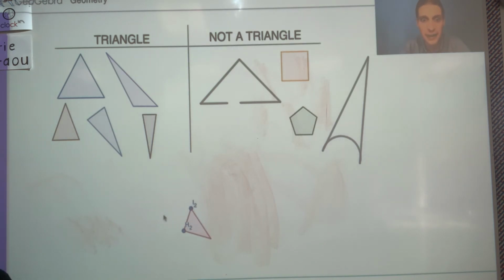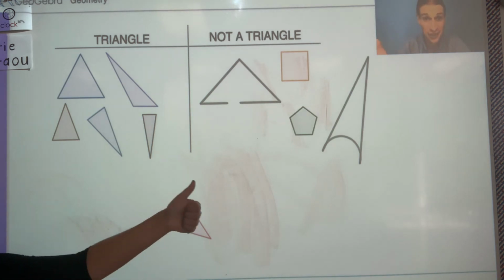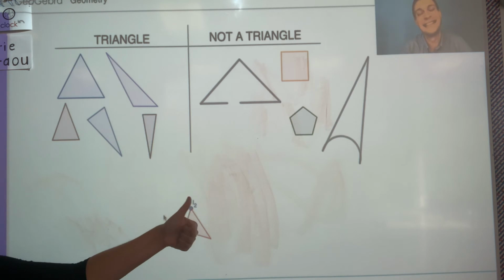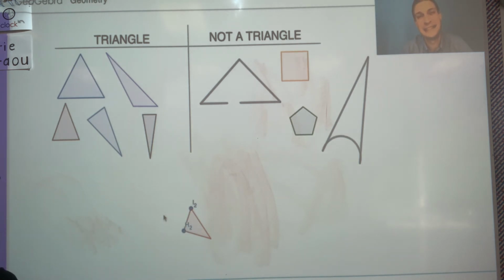I moved it. Is it still a triangle? Tell me, thumbs up or thumbs down? Yes, it is still a triangle. You just moved it. It has 3 sides. It has 3 corners, and it is closed. It is a triangle. Let's put it up here.